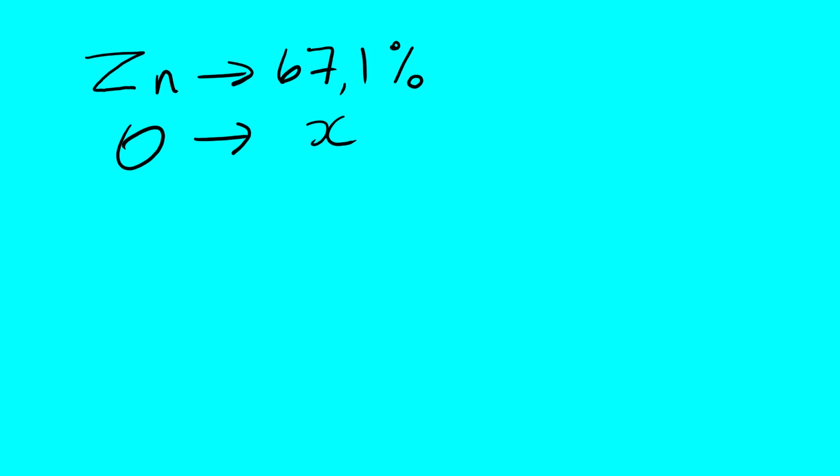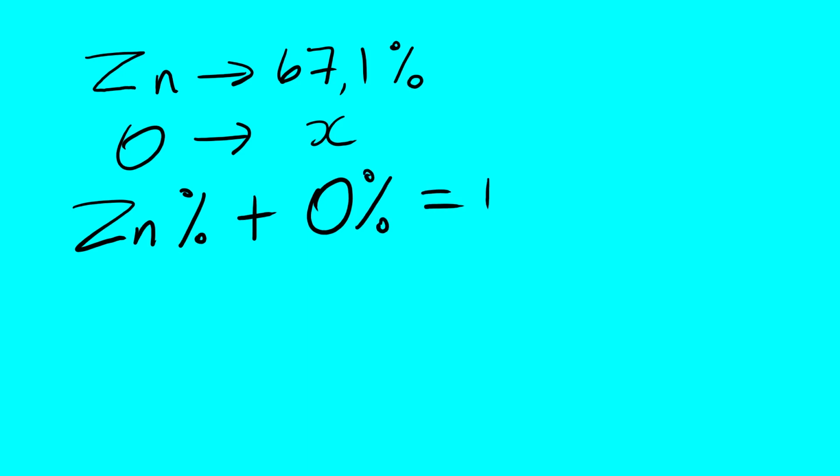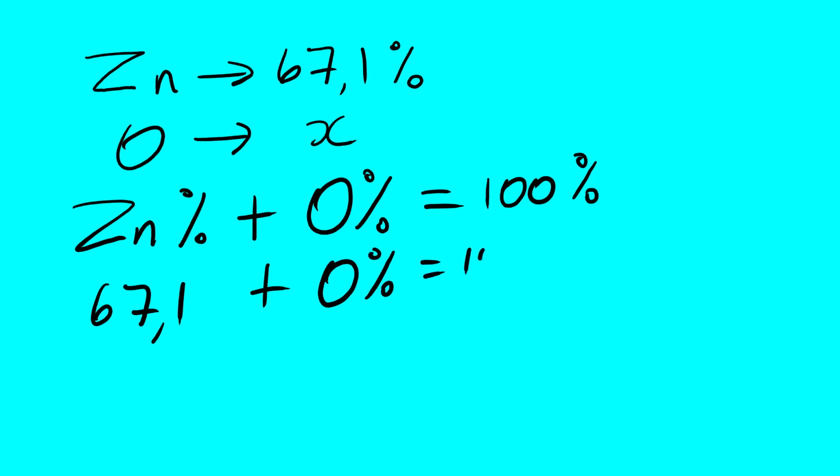We know that the percentage of zinc plus the percentage of oxygen should give us 100%. Since we have the percentage composition of zinc plus oxygen percentage equal to 100, we can simply solve for this.